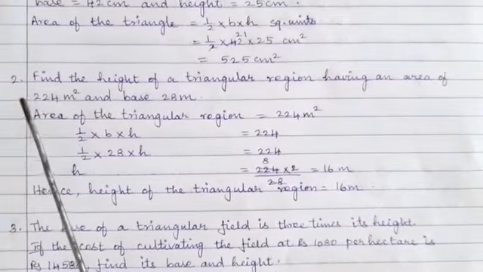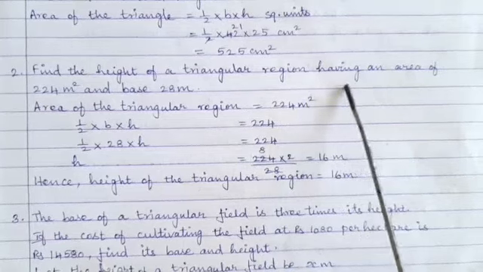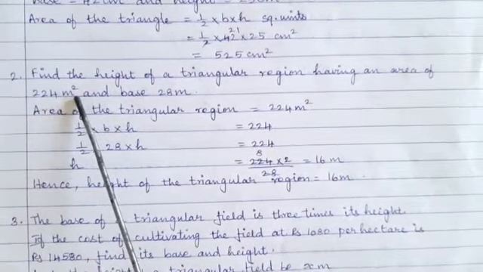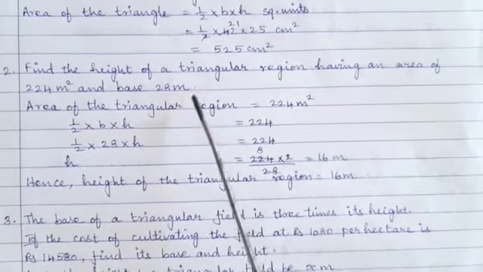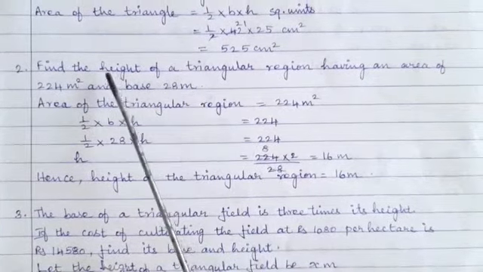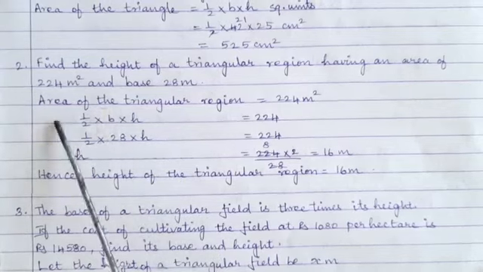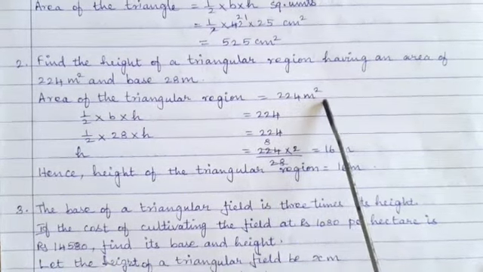Question number 2. Find the height of a triangular region having an area of 224 meters squared and base 28 meter. What is given in the question? Area is given and base is given. The question asks for height. So area of the triangular region is equal to 224 meters squared.